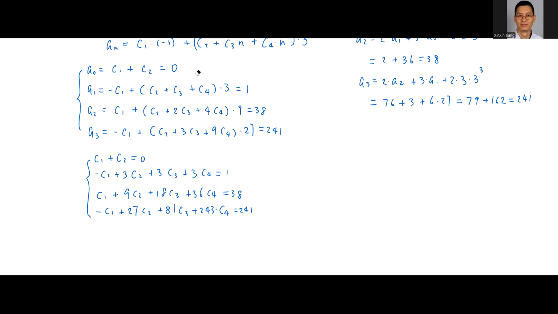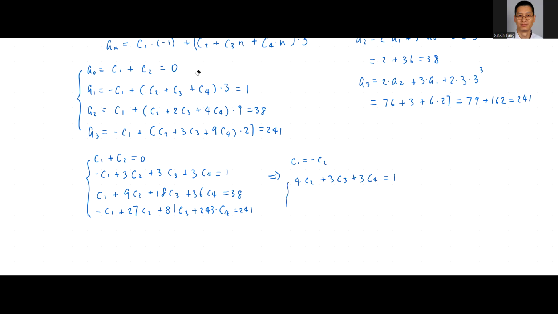Okay, well, it's a bit tedious. From the first one, we see C1 equals negative C2. So I'm going to replace all the C1s in the next three equations by negative C2. It's simple linear algebra.